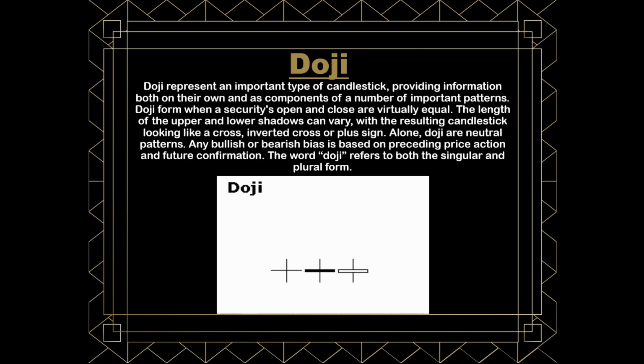The length of the upper and lower shadows can vary, with the resulting candlestick looking like a cross, inverted cross, or plus sign. Alone, doji are neutral patterns. Any bullish or bearish bias is based on preceding price action and future confirmation. The word doji refers to both the singular and plural form.